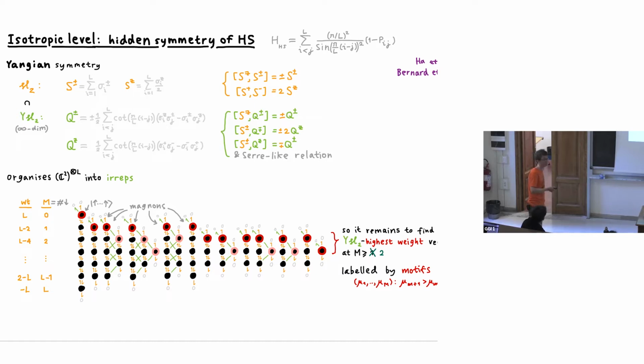They are labeled by patterns called motifs. Motifs are just an increasing sequence of integers between 1 and the length minus 1. I don't allow 0 modulo L, so that the integers are not equal and not neighboring. Remember, this was the condition that we had for scattering states.